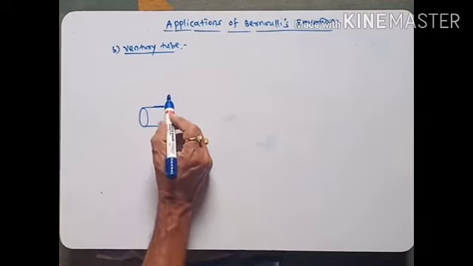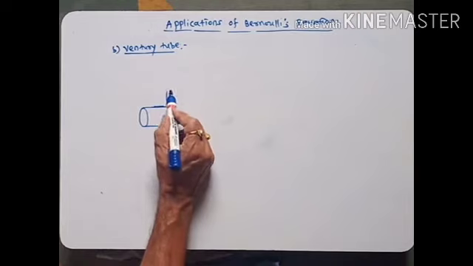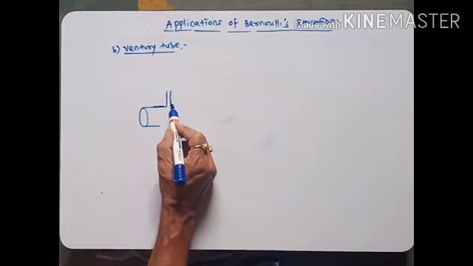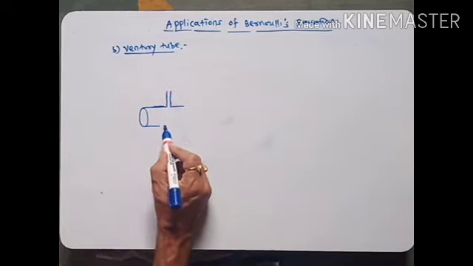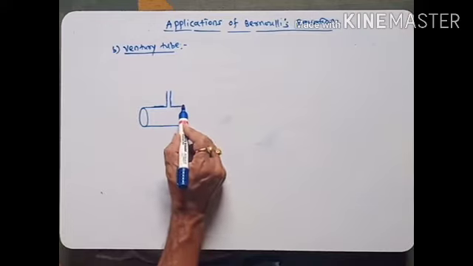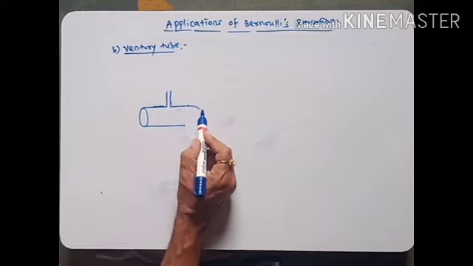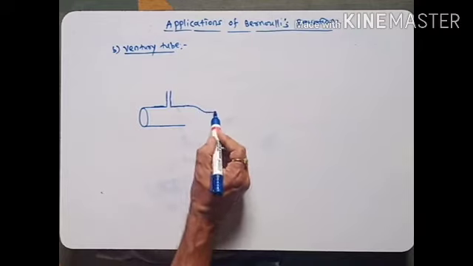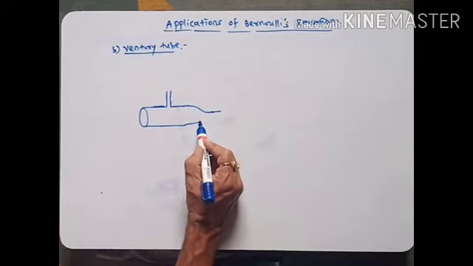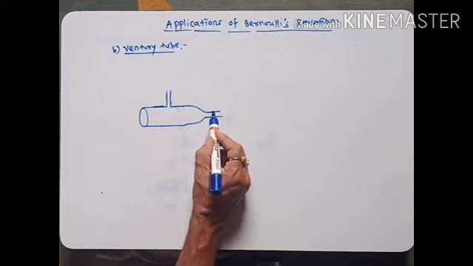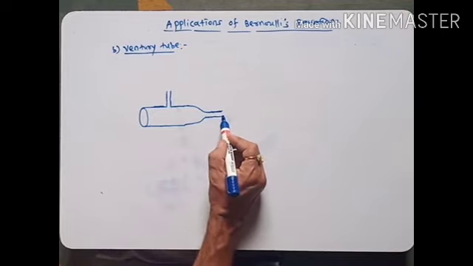Suppose this is one opening, and liquid is placed in this tube, and at some point the area of cross section decreases; the tube becomes narrow.